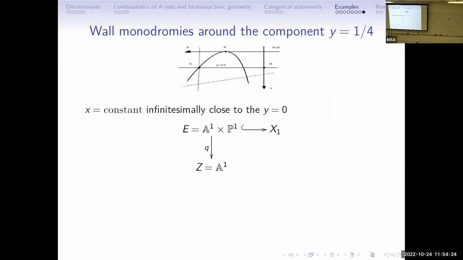So if x is constant, and if it is infinitesimally close to, sorry, I meant here x equals 0, not y equals 0. So you should think about a kind of a loop going along this way.